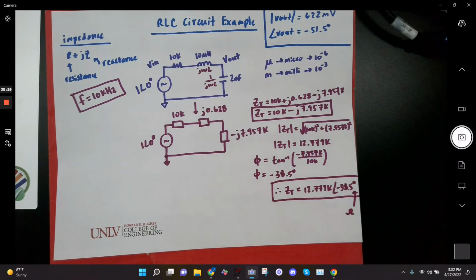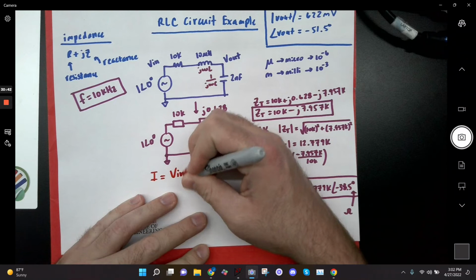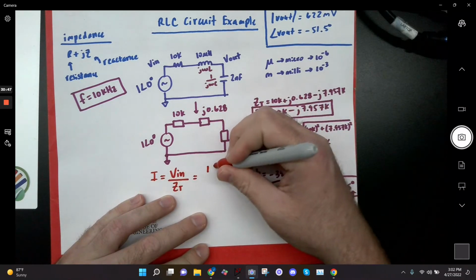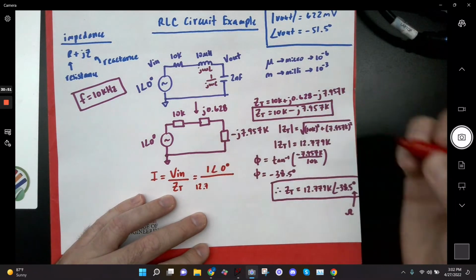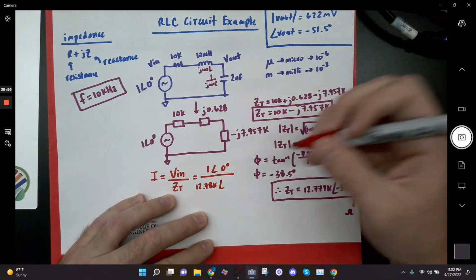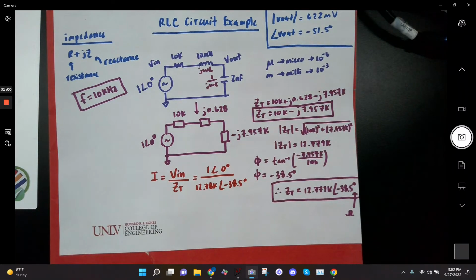Now I'm going to find the current. It's the same process, right? It's going to be voltage divided by the total impedance. I equals V over R. So let me switch colors. So I is going to be equal to V in divided by Z total, or 1 angle 0 divided by this thing. I'm just going to round that 7.9 to an 8. What's my phase going to be?